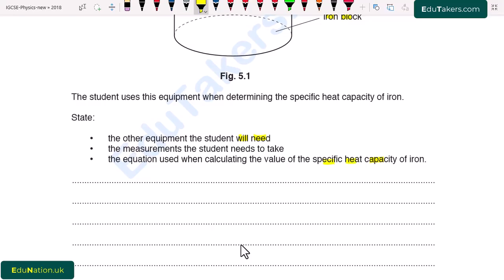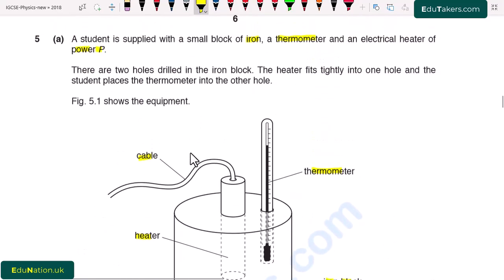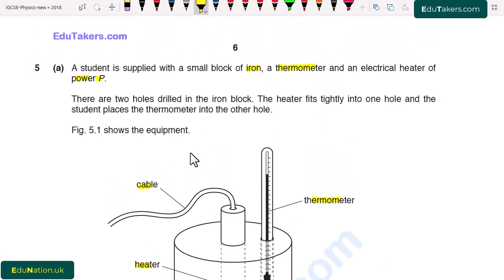So this experiment is basically for the measurement of specific heat capacity of iron, and it is given that the heater has power P. But for the calculation of specific heat capacity, we need energy. So in order to calculate energy, we know that power is equal to rate of transfer of energy.